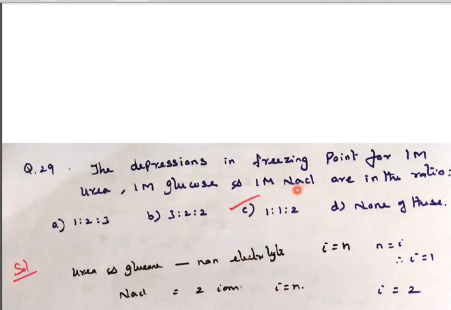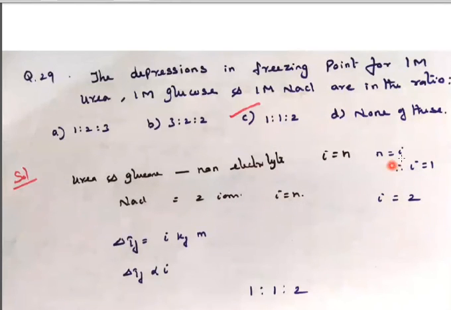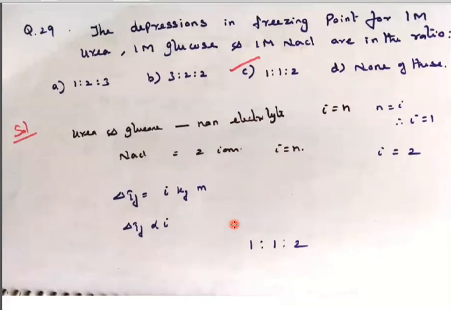Sodium chloride gives 2 ions, Na and Cl, so i is 2. So the ratio is 1:1:2.